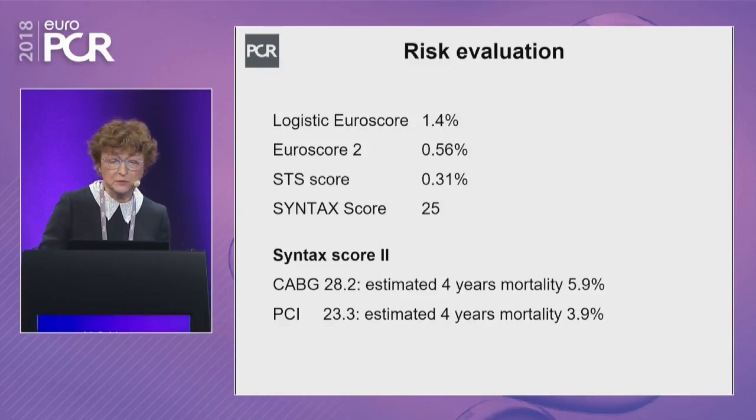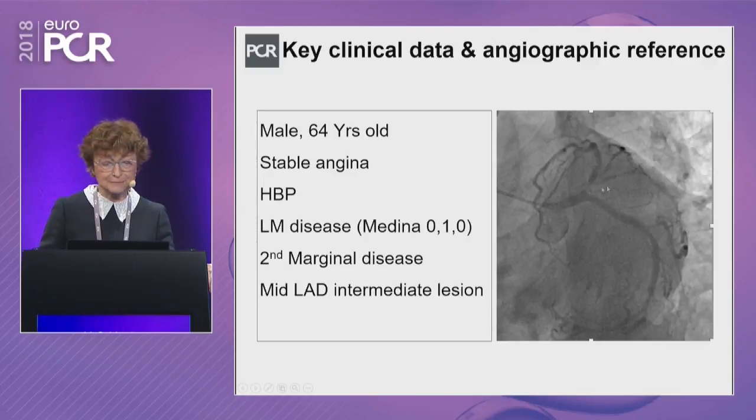So it's a low risk patient, and you see low Euroscore, low STS, SYNTAX score 2, with, I would say, low estimated mortality, both with PCI and CABG, favoring a little bit PCI.